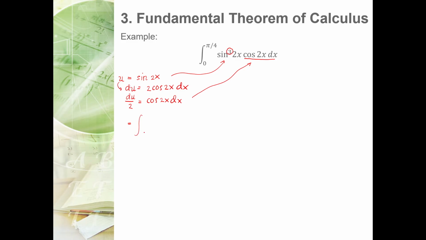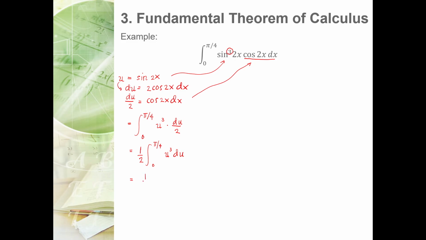So the integral becomes, from 0 to pi over 4, instead of sine cubed 2x, this becomes u cubed, then times du all over 2. So getting 1/2 outside, you now have the integral from 0 to pi over 4 of u cubed du.